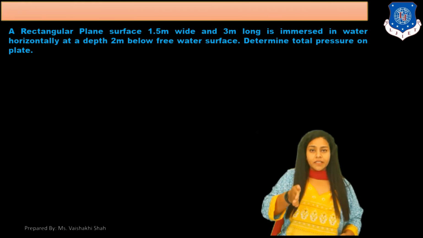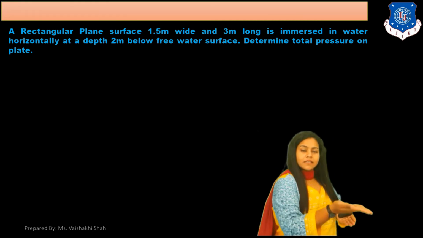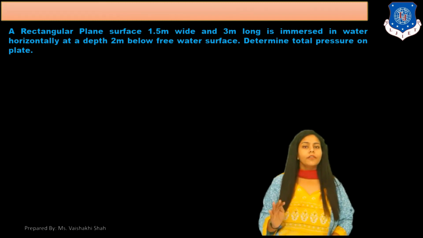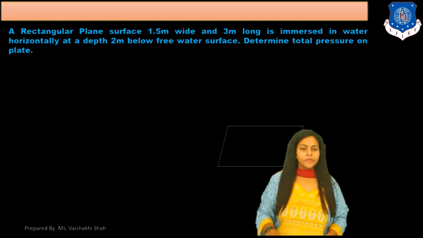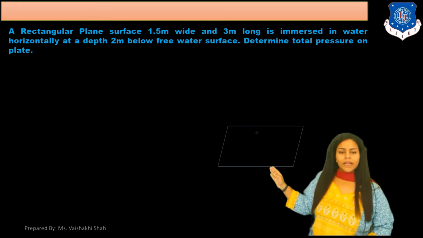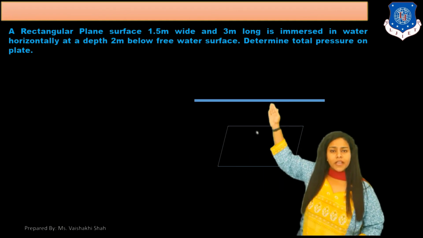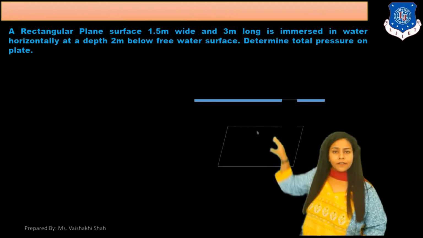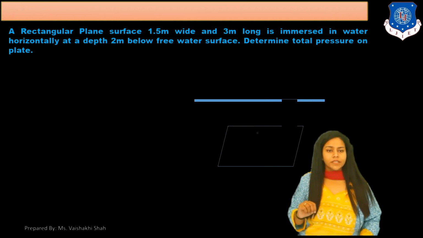This is vertical, this is inclined, and if the plate is immersed like this, then this is your horizontally immersed body. You have to find out total pressure force on the plate. The distance of the plate from free surface is 2 meter.